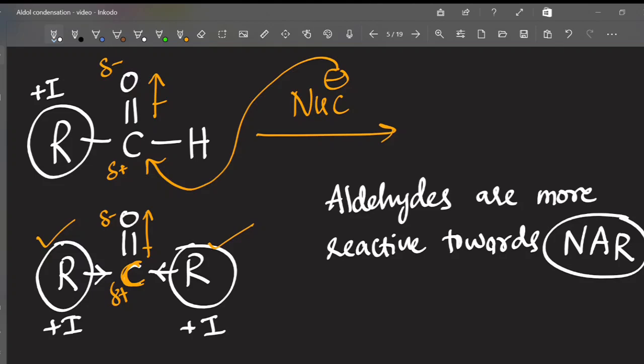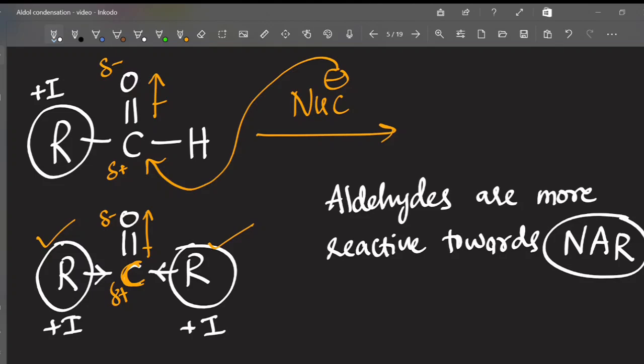We are going to use this particular concept in intramolecular aldol condensation, where we have a ketone and an aldehyde within the same compound. At that time you have to remember this concept.